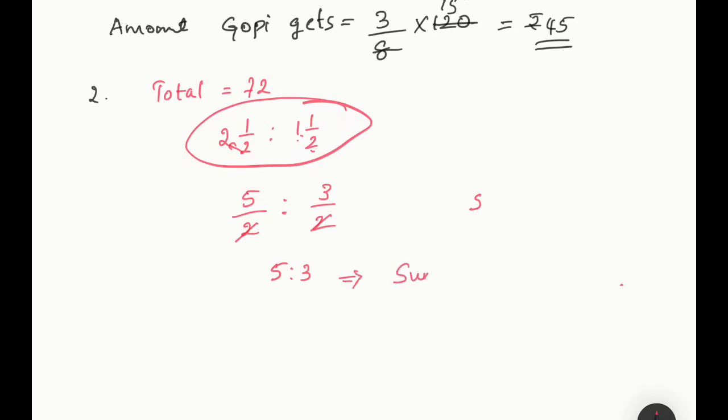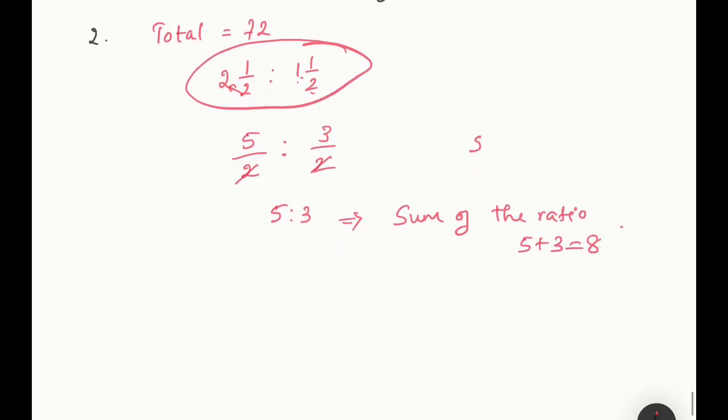Now I'll take the sum of the ratios. How much are you getting again? 5 plus 3 equals 8. We have a total of 72. So what is the first part we are getting? First part is ratio 5, right? So first part will be equal to 5 by, what is 5 plus 3? 8.